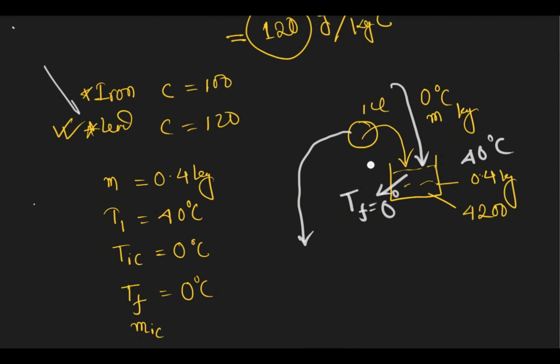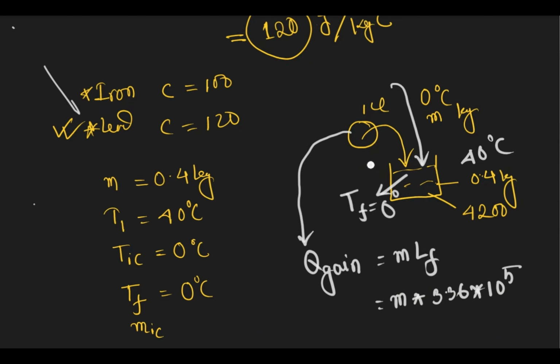As a result, heat is gained by the ice. So the equation will be m times LF, where m is the mass of ice that we have to calculate, and LF, the latent heat of fusion of ice, is 3.36 into 10 to the power 5, right?